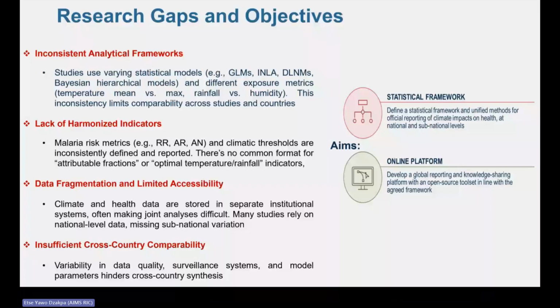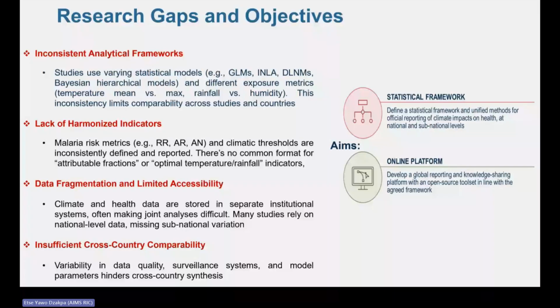In terms of metrics, we are targeting, for example, relative risk, attributable rate, and attributable number. The target of this project is also to have a standardized indicator to report those impacts on an annual basis. So if we take a specific area in a specific year, we might know how much climate factors are contributing to malaria cases.